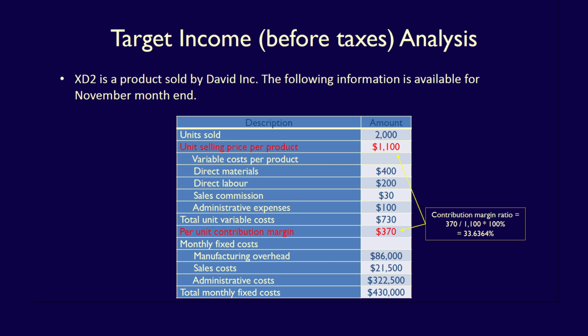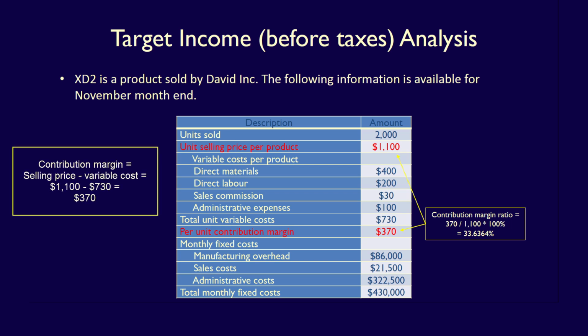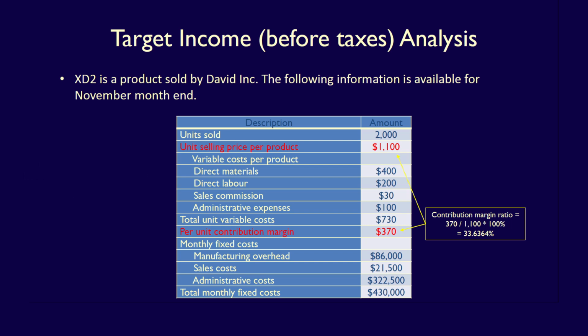The contribution margin ratio is equal to the contribution margin per unit divided by the per unit selling price multiplied by 100%. We know that the contribution margin per unit is equal to 1,100 minus 730, which is equal to $370. We can now calculate the contribution margin ratio. $370 divided by $1,100 multiplied by 100% is equal to 33.6364%.